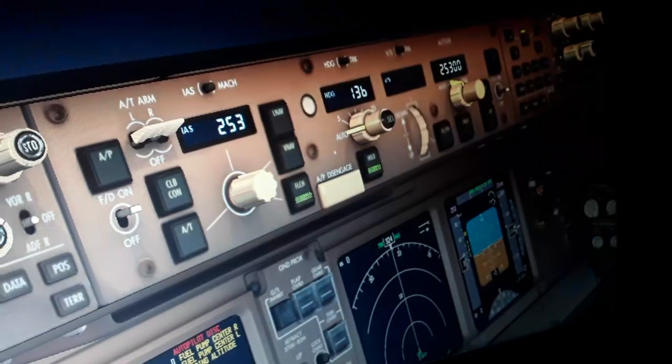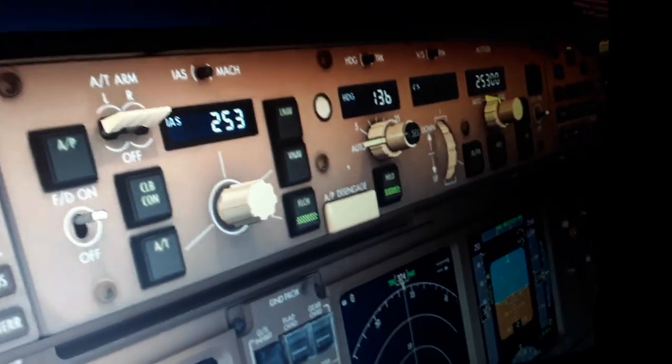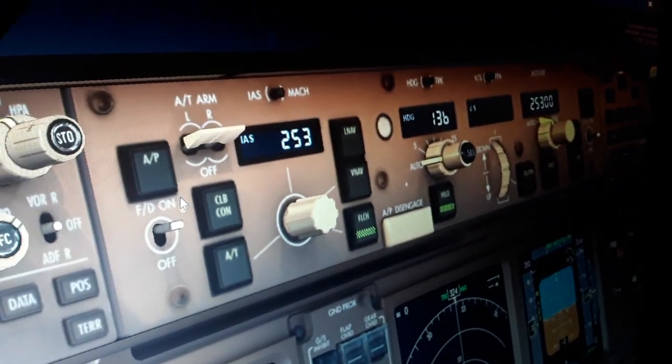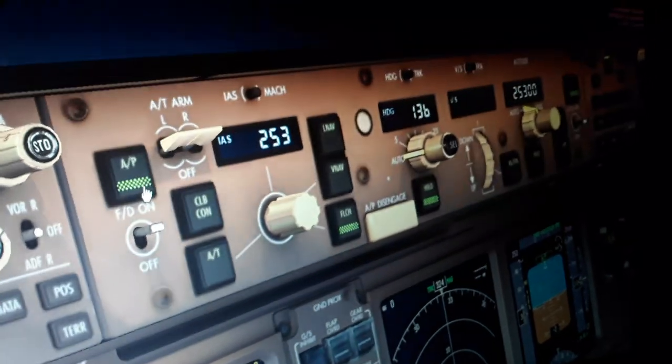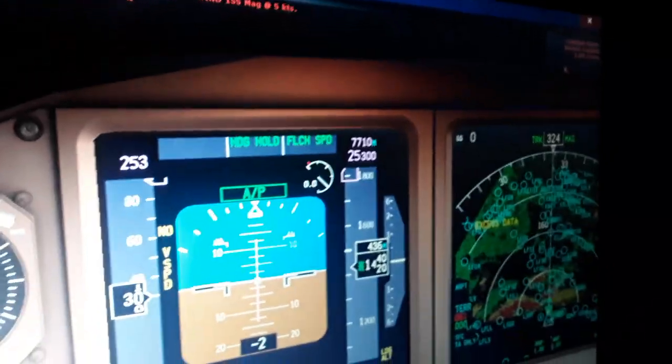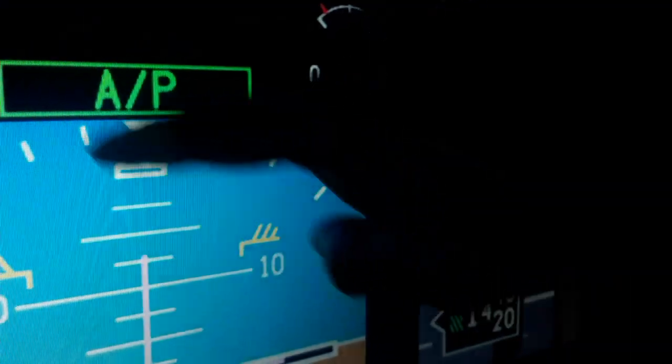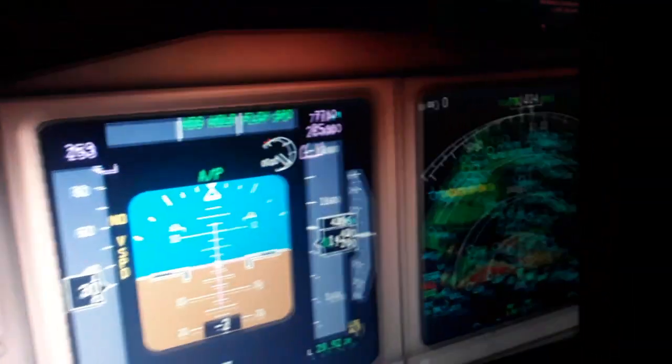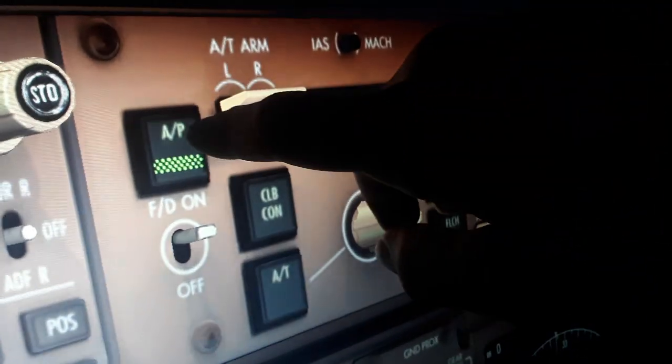So I will set the flight level change, also the autopilot on now, like this. So you will see the AP here connected in the same mode. So this is the autopilot connected here, and you have the green light here also.